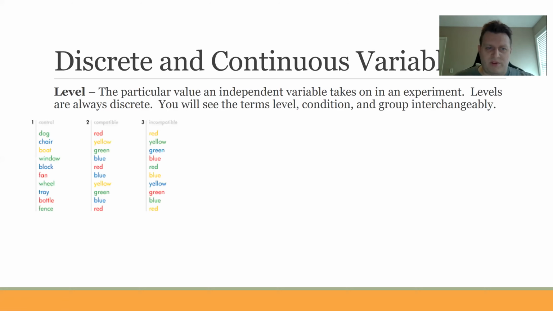So for instance, when we talked about the Stroop task a little while ago, there were 3 levels of the experimental manipulation: the control block, the compatible or congruent trial block, and the incompatible or incongruent trial block. So there were 3 levels to the independent variable. Okay, you'll see the terms condition, level, and sometimes group used interchangeably, but it's important that we get this term early on because it's going to be important later.